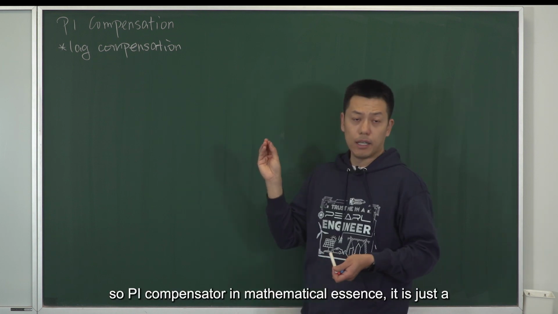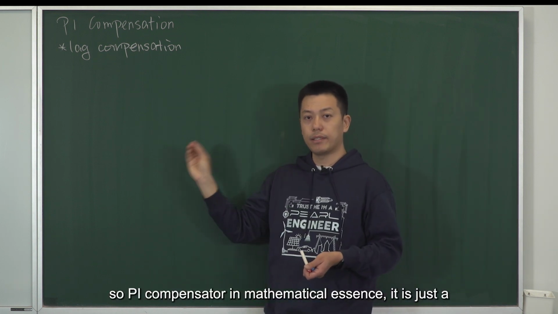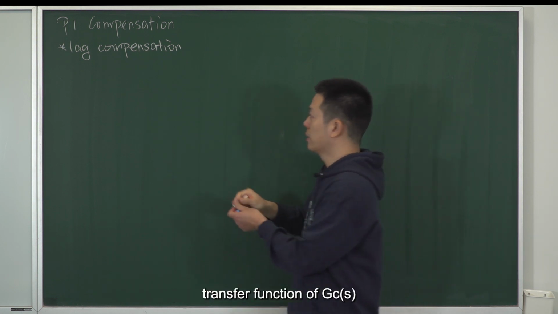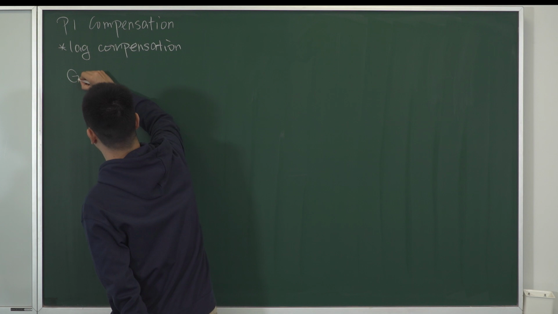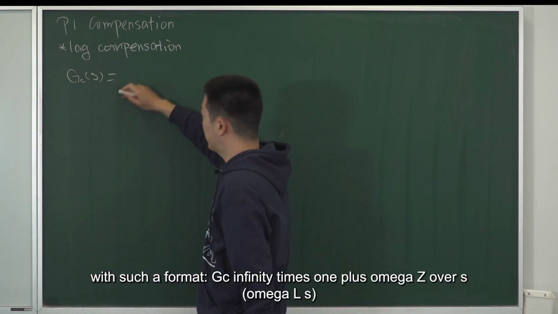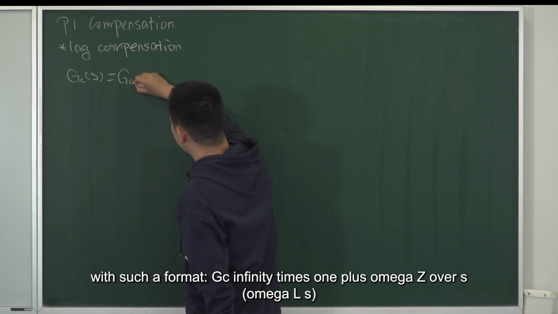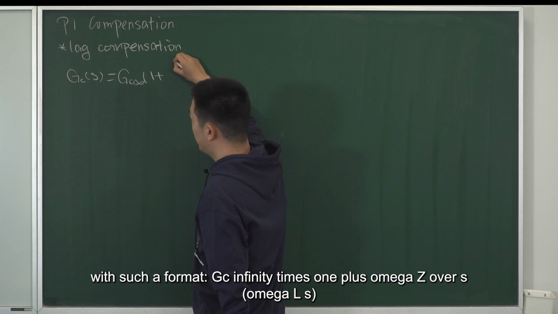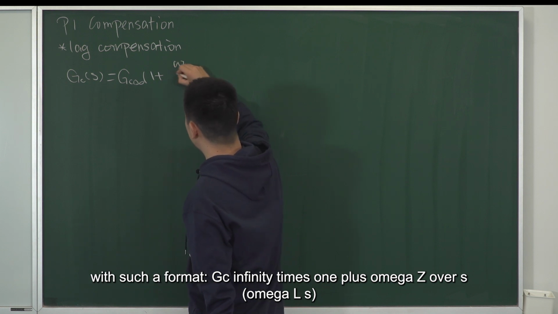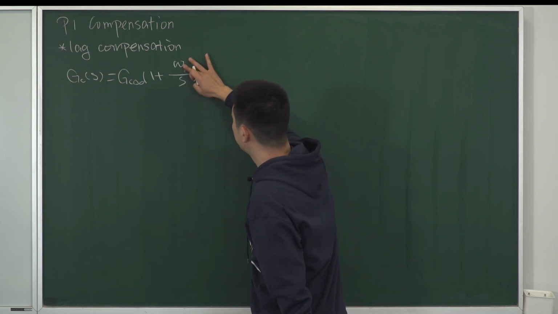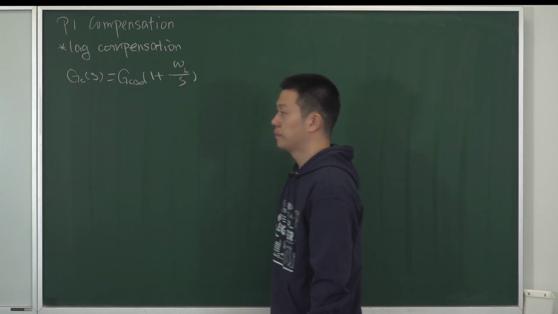So the PI compensator, in mathematical essence, is just a transfer function GC(s) with such a format: GC infinity times (1 plus omega L over s), where omega L is the inverted zero frequency.